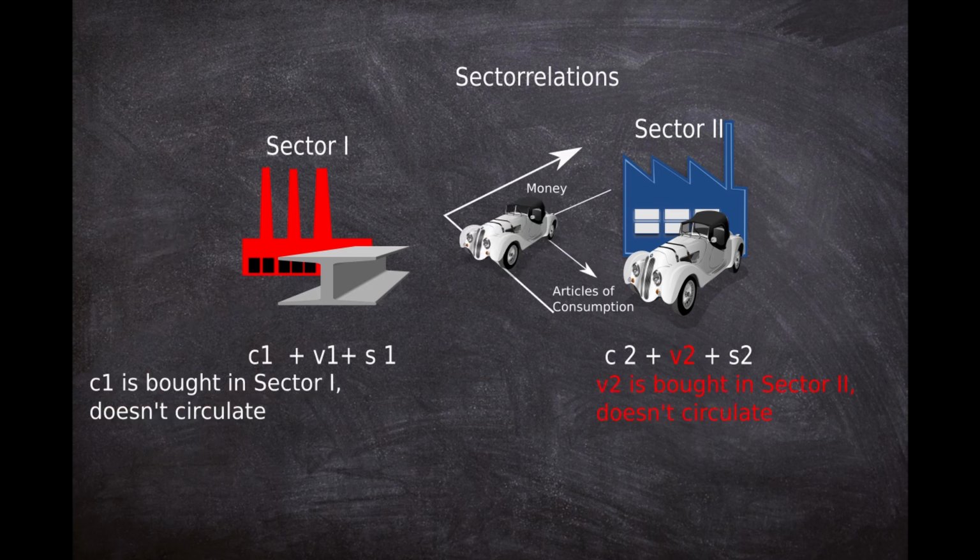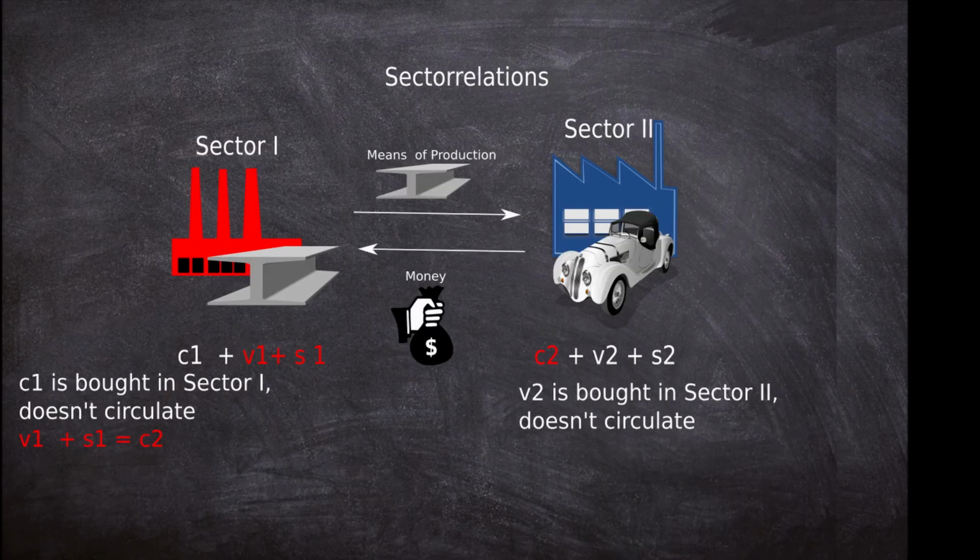The variable capital of Sector 2 also stays within Sector 2. Think of it like this: the capitalists producing articles of consumption pay their workers wages, and those same workers use those wages in turn to get articles of consumption back from them. Well, the variable capital and surplus of Sector 1 equals the constant capital of Sector 2.